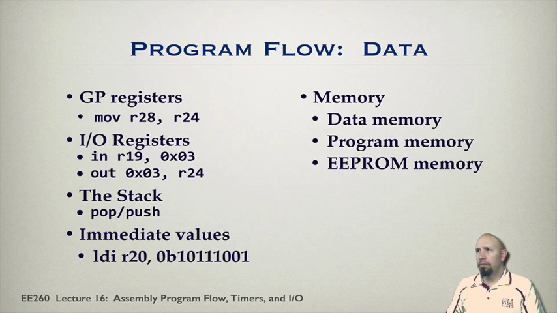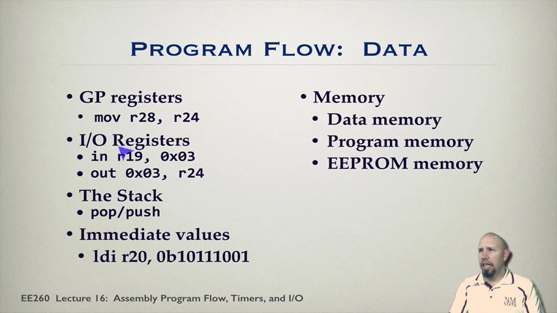Program flow. Well, one direction of flow is the flow of data. We have our general purpose registers, and that allows us to move data around using the move command between one register and another. We can move data through I/O registers, using the in command and out command.